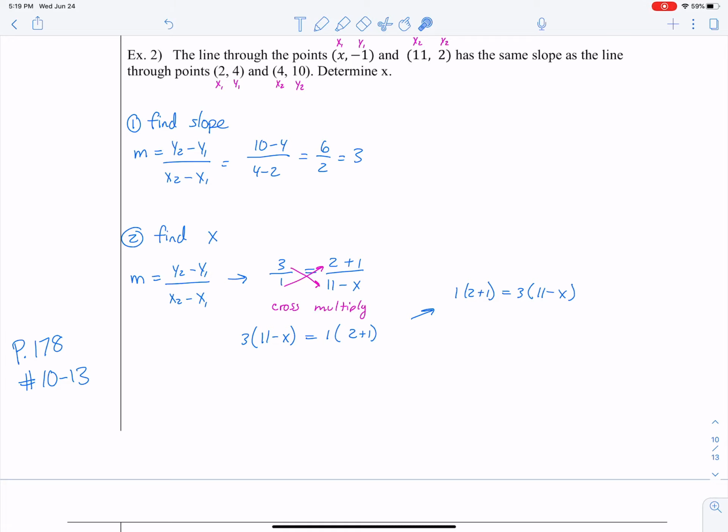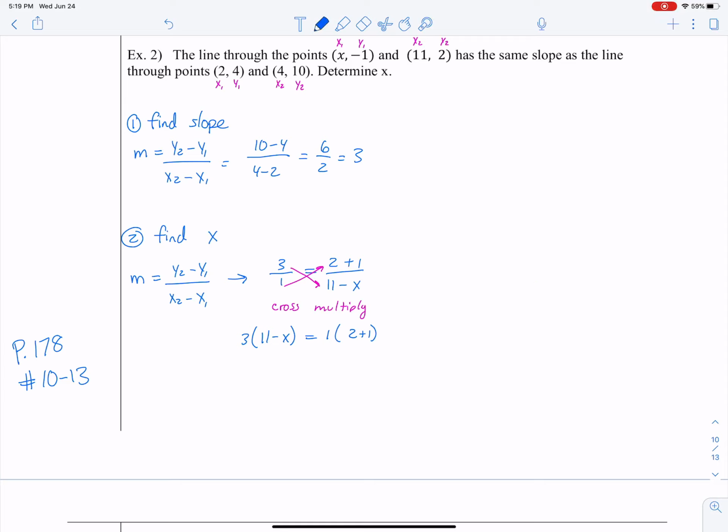What's important is that whatever is on the top left is going with whatever's on the bottom right. Whatever's on the bottom is going with whatever's on the top over here. It's important that these two things go together, but in terms of which is on the right and the left down here, it doesn't matter. Anyway, side note.